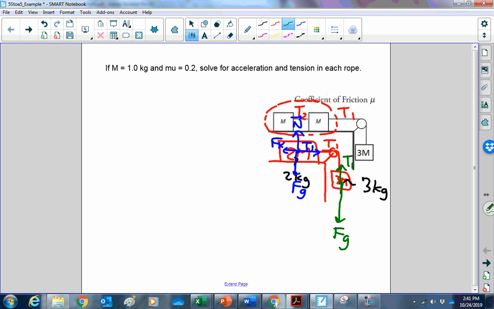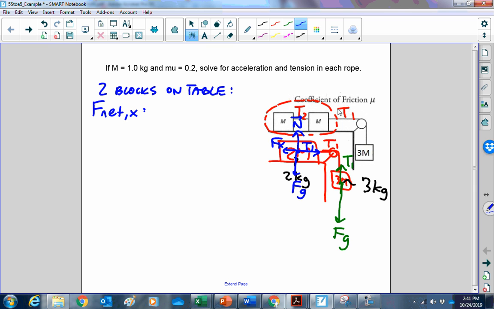When I write the equations for each system, for the 2 blocks on the table together, I'm doing the x direction because the normal and the weight are going to cancel.